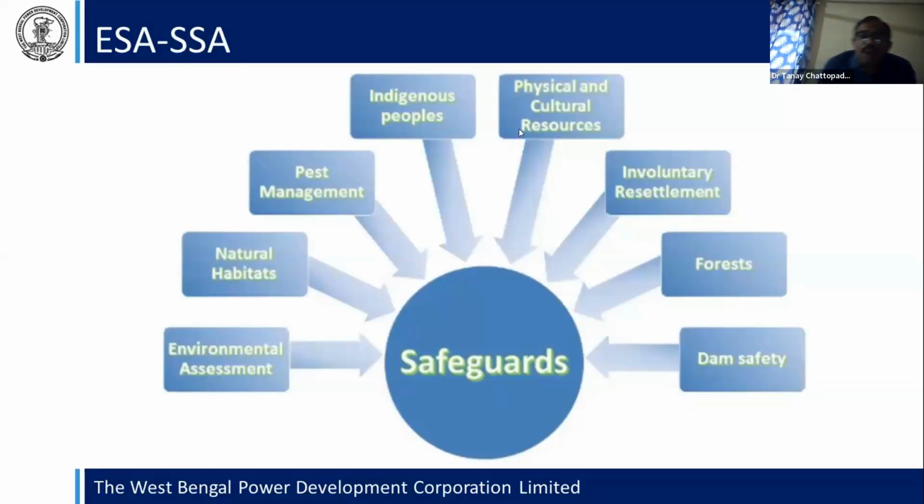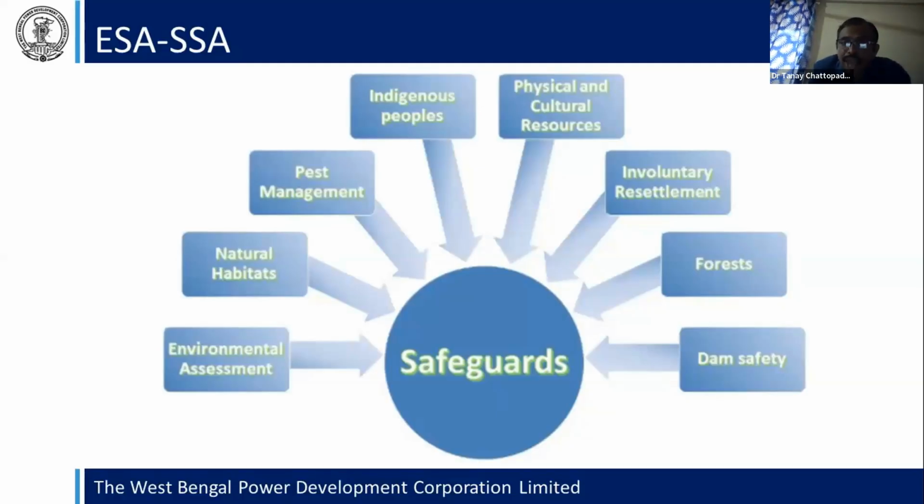If there are any issues, you have to consider the mitigation plan, which is also included in the DPR section, so that you can get the loan from the World Bank or something like that.